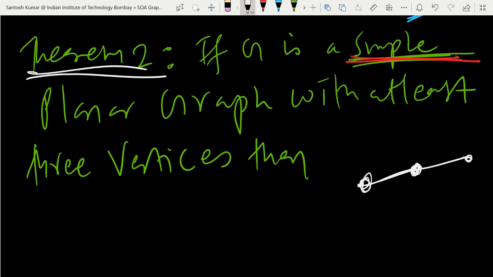First of all, tell me, this graph divides the plane into how many regions? Only one region. What is the length of that region?